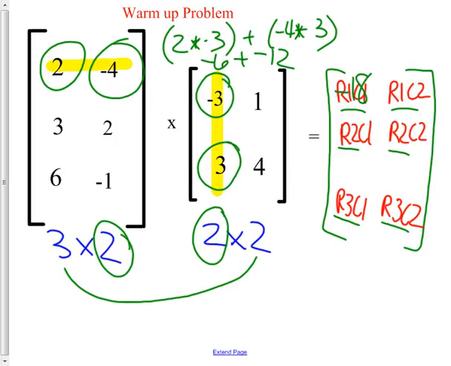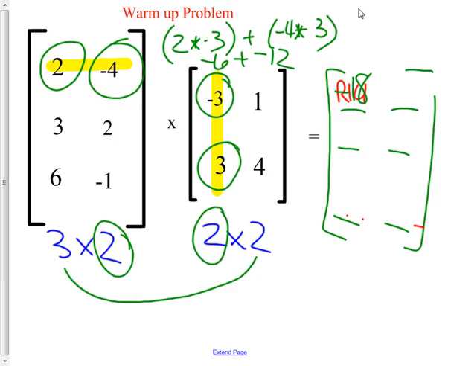Okay, try to find the other 5. Row 1, column 2.